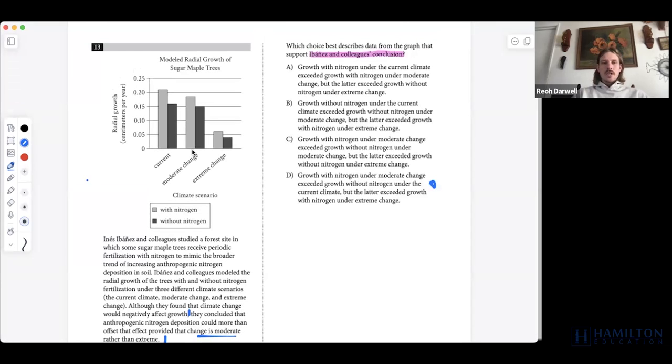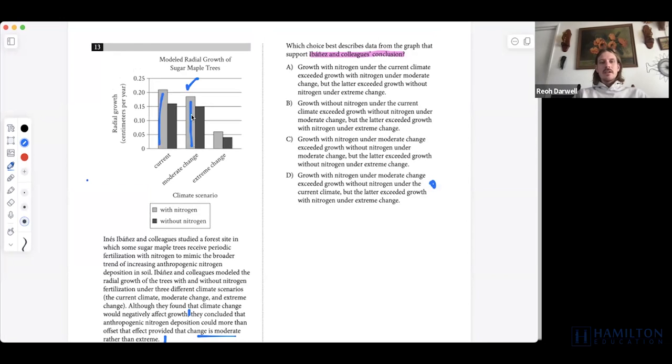All right. So what we basically want to see here is that by adding nitrogen to growth of sugar maple trees, we are still going to see a better outcome in growing trees with nitrogen than we would even without climate change without nitrogen, right?